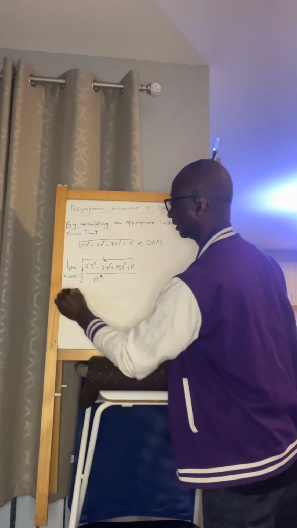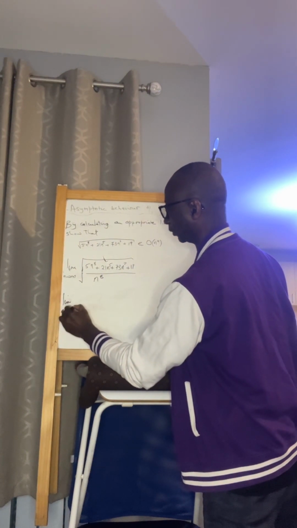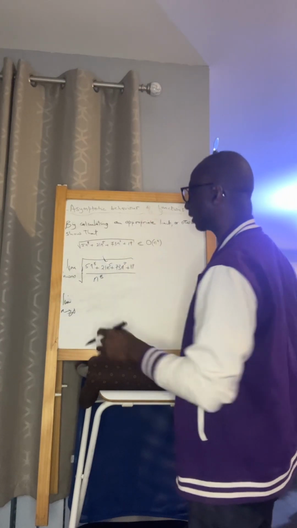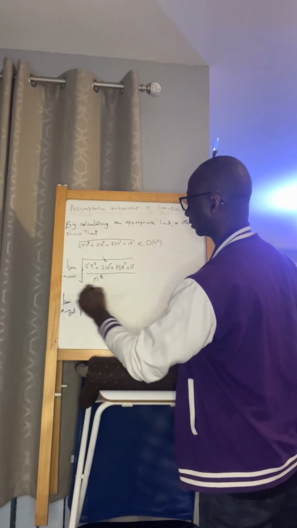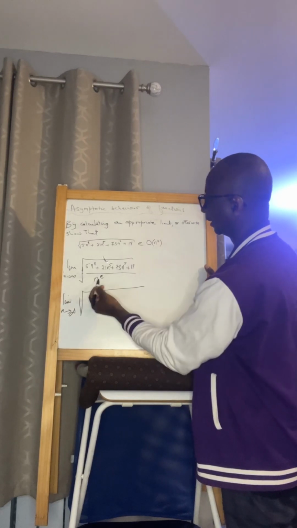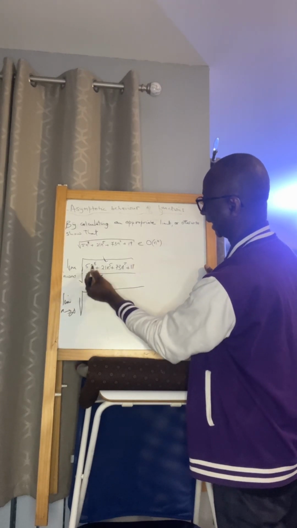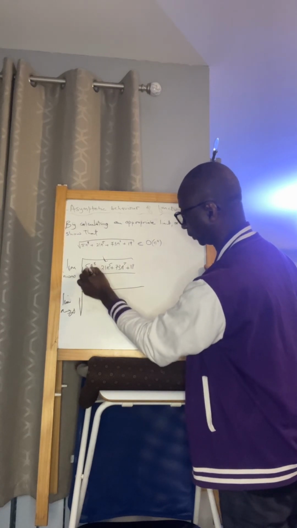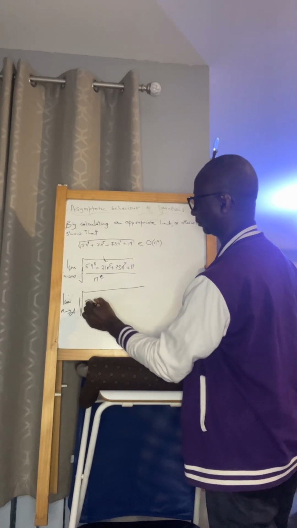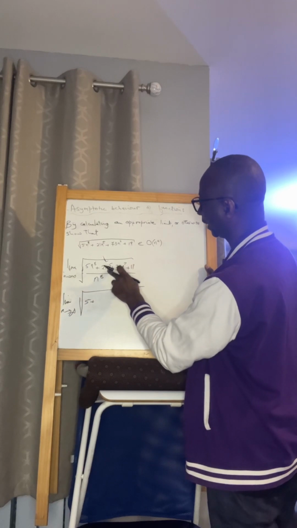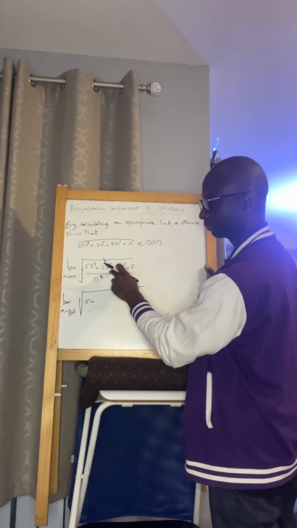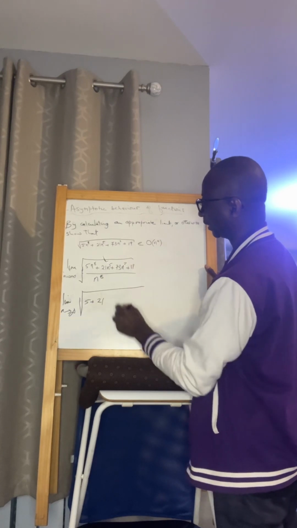The limit as n tends to infinity, when n keeps getting bigger and bigger, then this n to the power of 8 can cancel this n to the power of 8 as well. So what will remain here, just 5 plus n to the power of 8 divided by n to the power of 5, you have your 21 first.